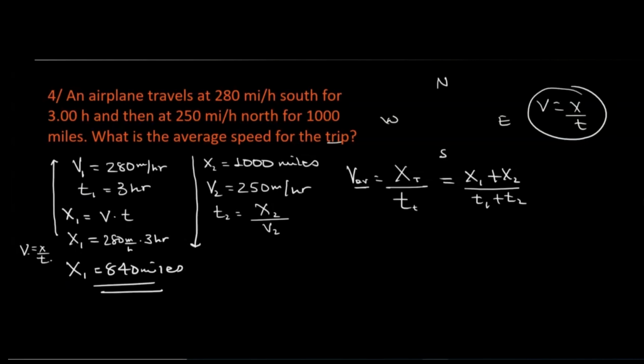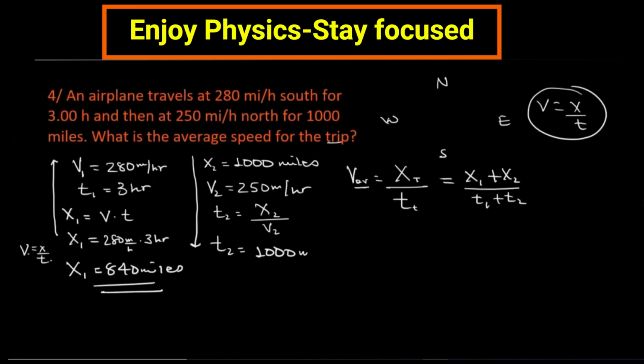This is simple algebra. So T2 is equal to x2, which is 1,000 miles, divided by v2, which is 250 miles per hour. So 1,000 divided by 250 is the total time of this one, which is definitely 4 hours.